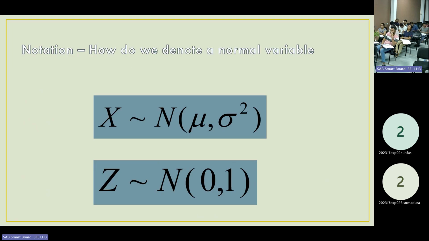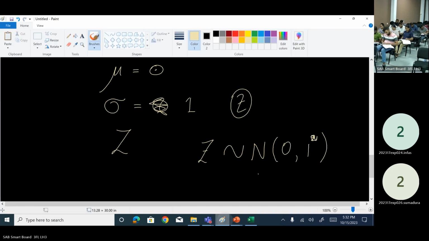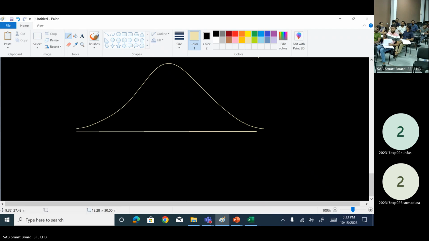The Z scale diagram will be the same shape.